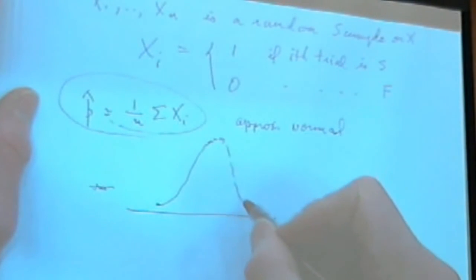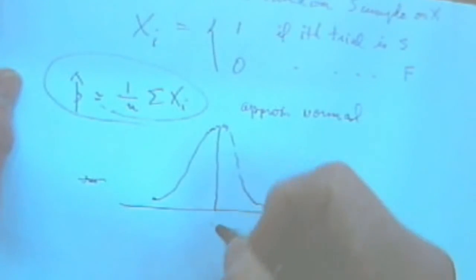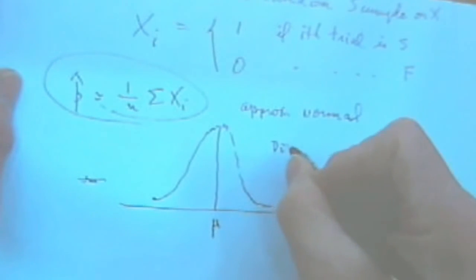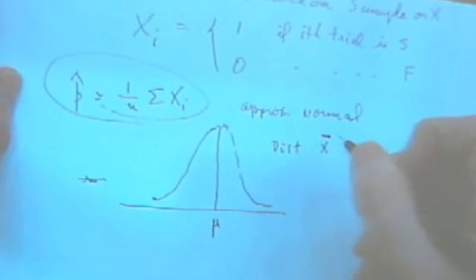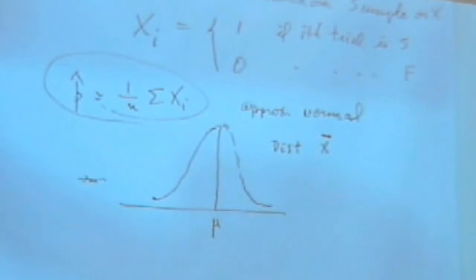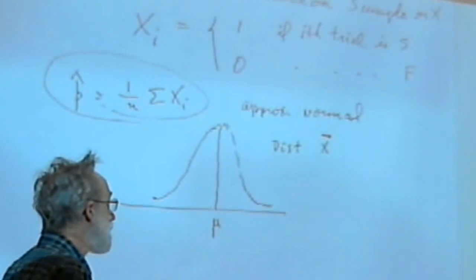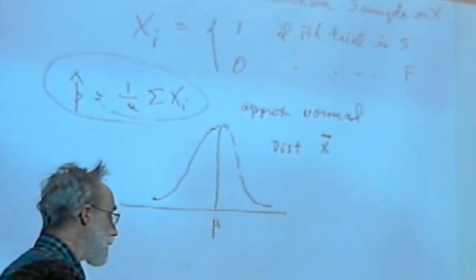But here's the distribution of X bar. You get confidence intervals the following way.